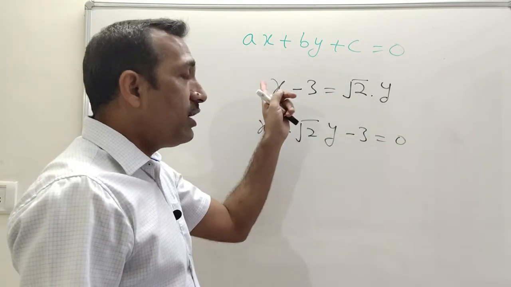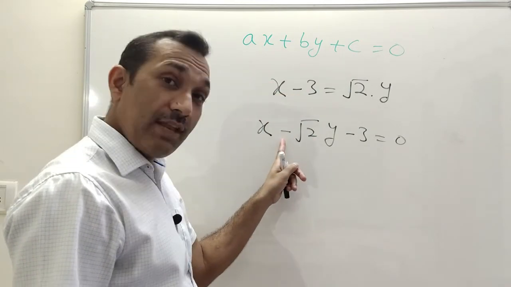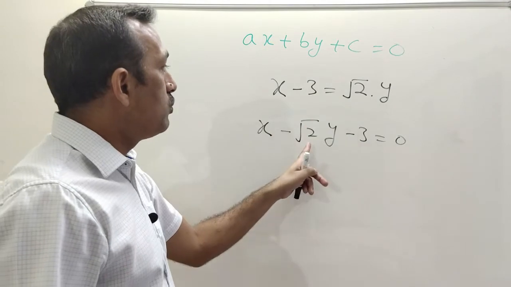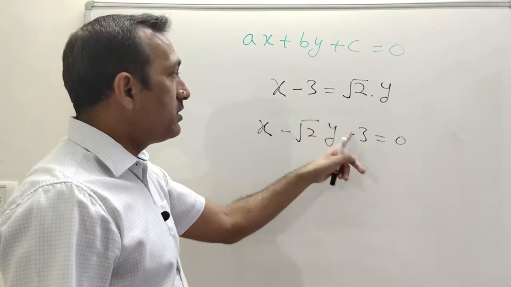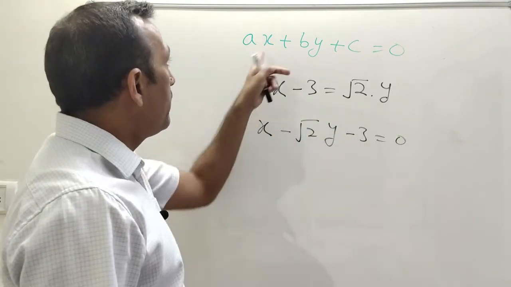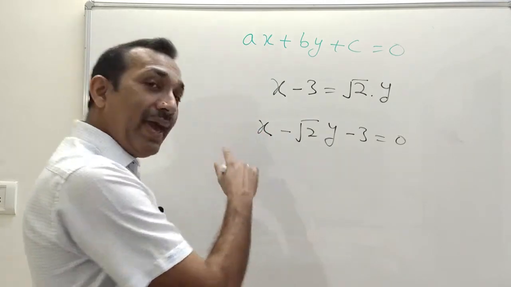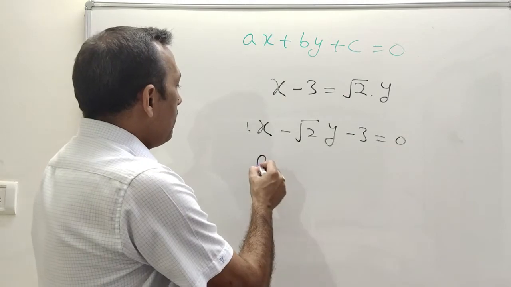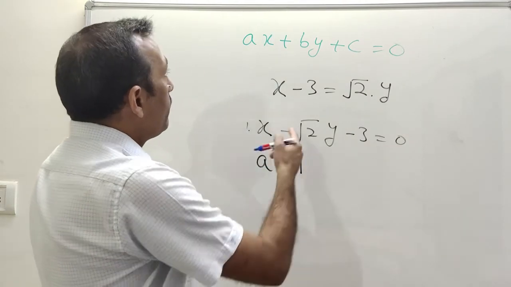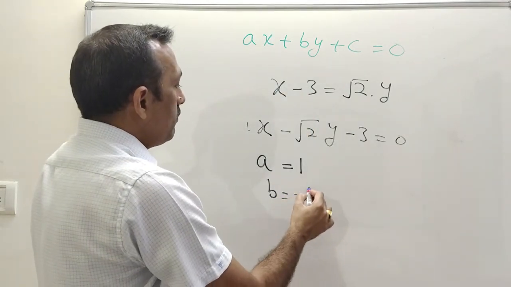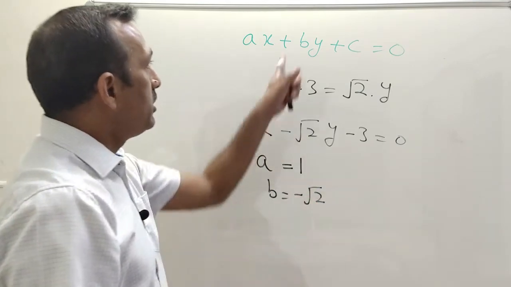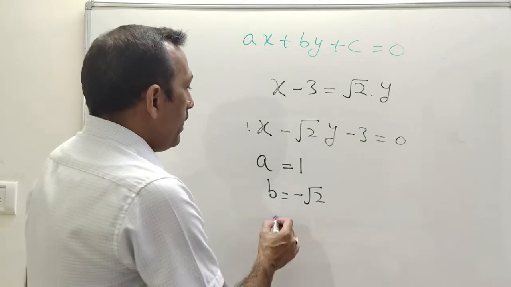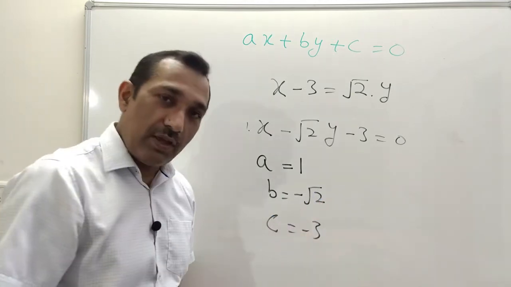When it comes to the other side of the equal sign, the sign will change, that means plus will become minus. So x minus root 2y, and minus 3 was already there. Now if I compare this, x means 1 into x. I get a equal to 1, b equal to minus root 2, because here it is plus, so b is minus root 2, and c equal to minus 3.